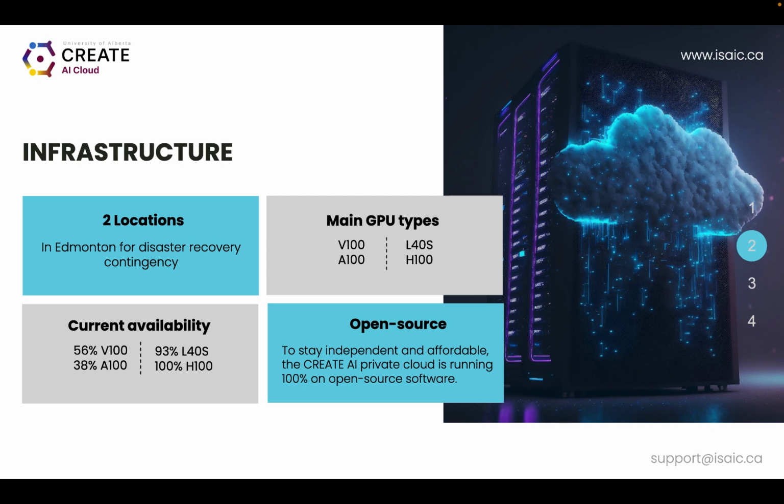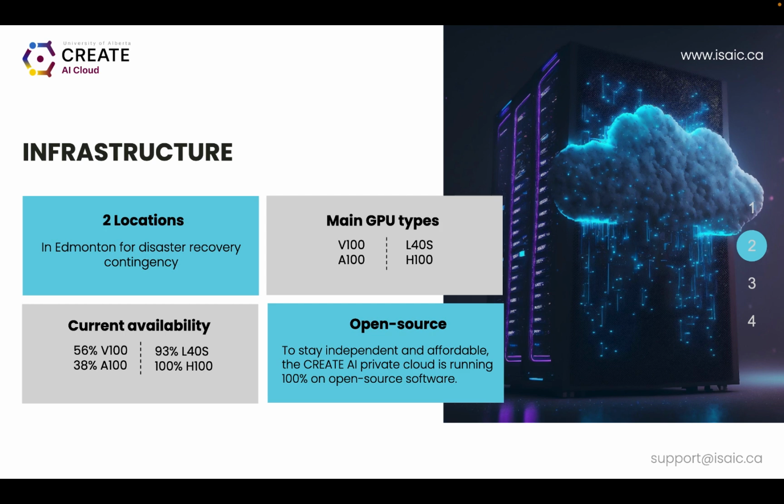Now let's talk about Create AI Cloud's infrastructure. We have two locations in Edmonton, providing disaster recovery contingency, which is great for keeping data safe. The main types of GPUs available include V100, A100, L40S, and H100, catering to different project requirements.